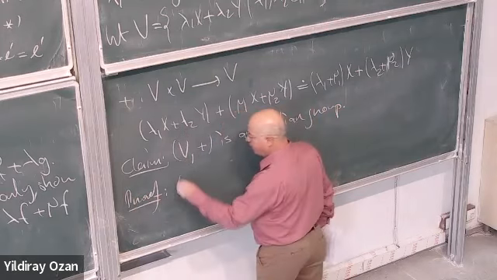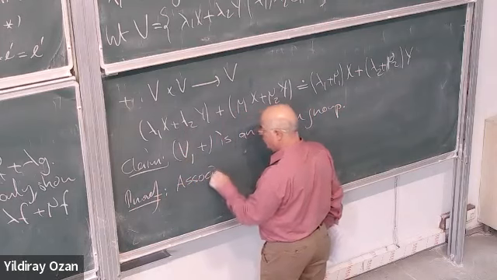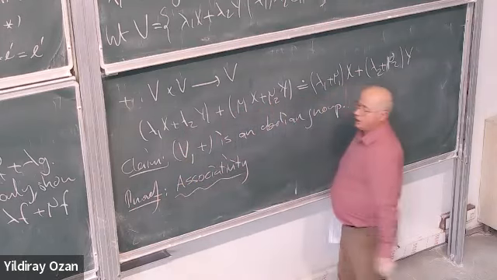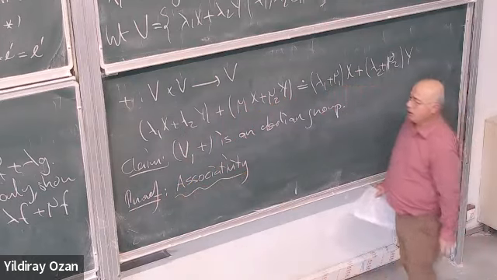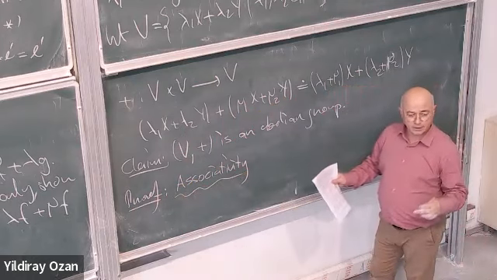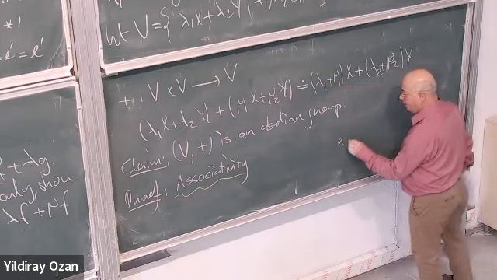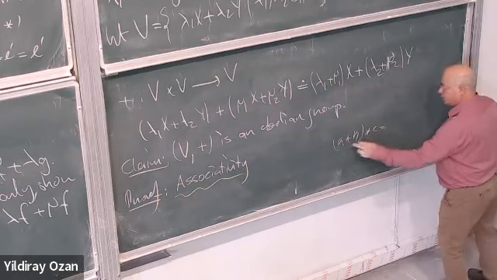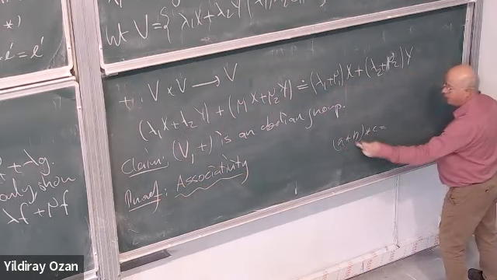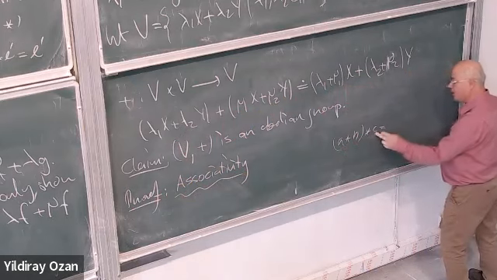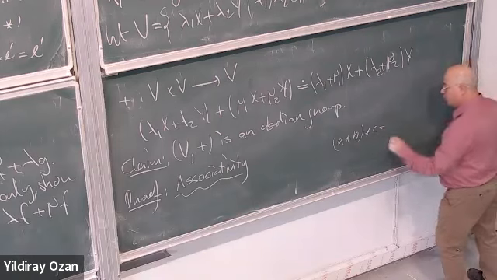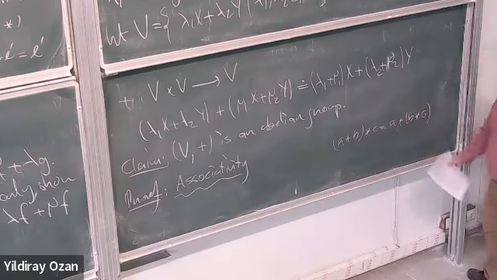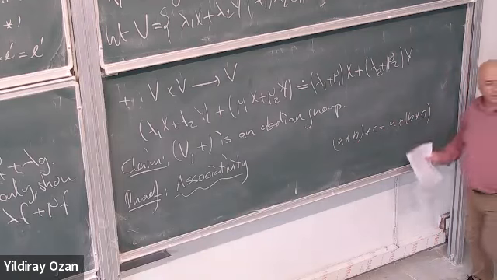Associativity. Associative means what? If I take three elements, and take the group operation of the first two, and then take the group operation with the third one in this order, or the other order, right? It's the same.